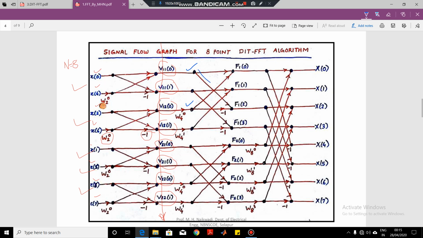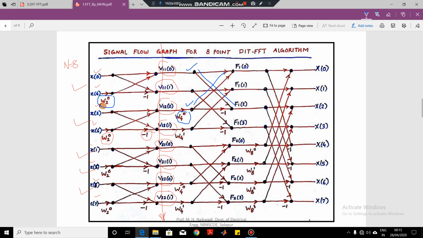And here we will have the twiddle factor. Here the twiddle factor was W20, but since we are combining these in the second stage, the twiddle factor will be W40.